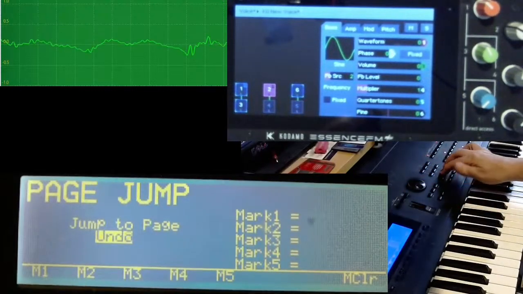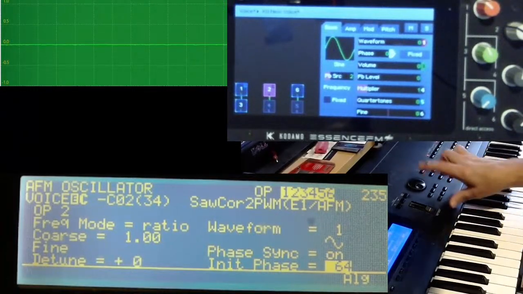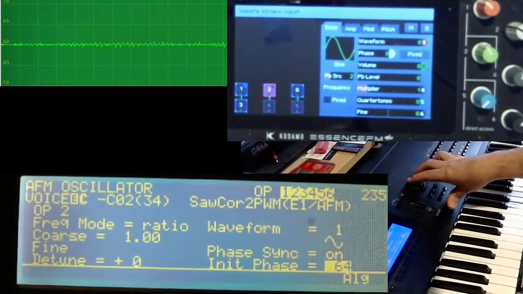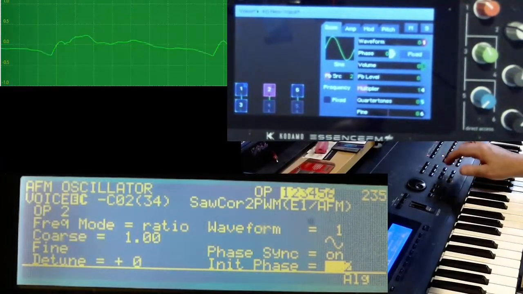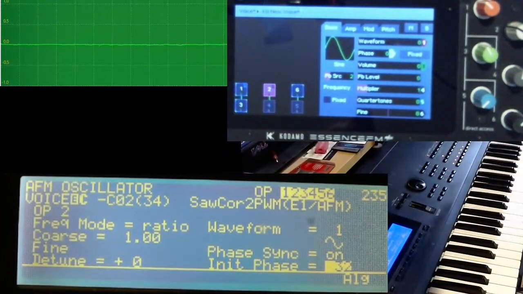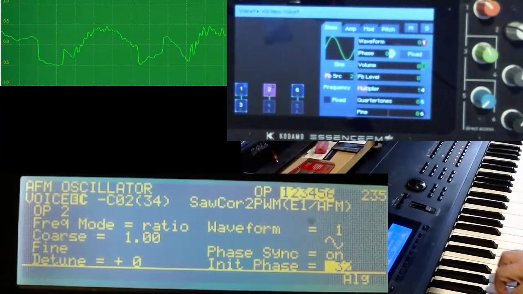In addition, I can go back to my operator 2, and I can choose my start point to be other than a square wave. So let's just pick 32. Why not? So now I'm starting in this position.